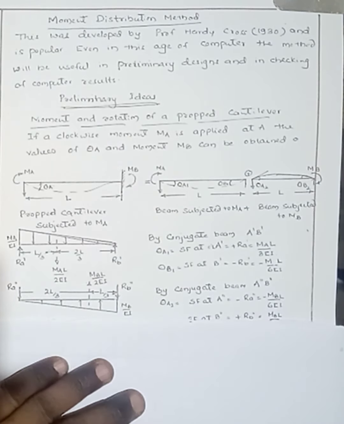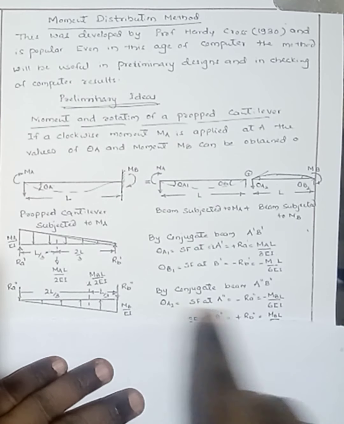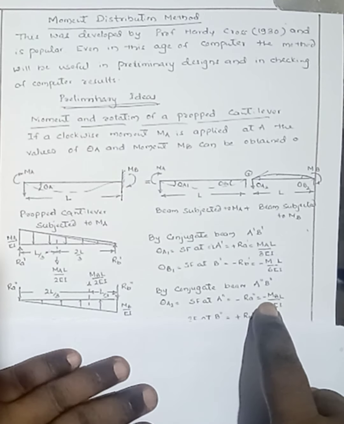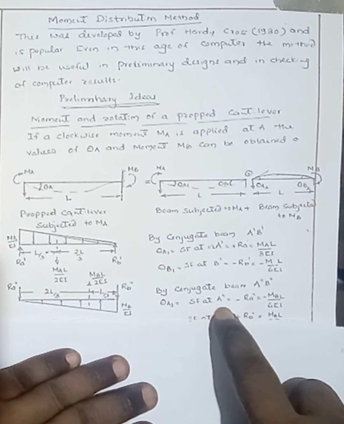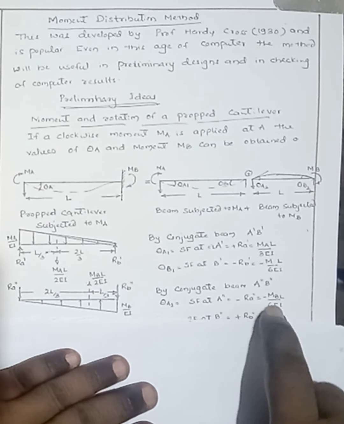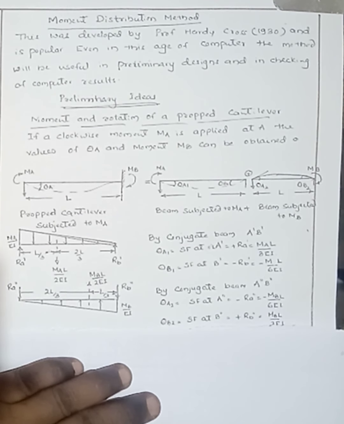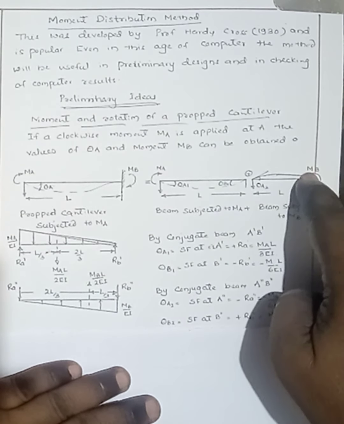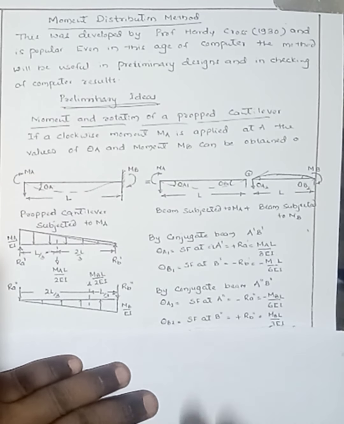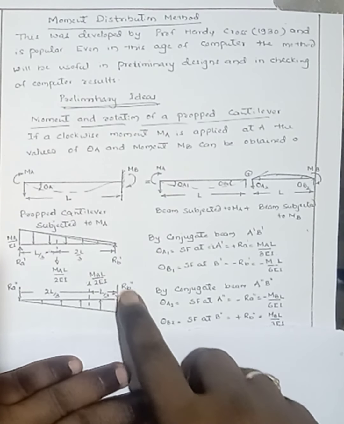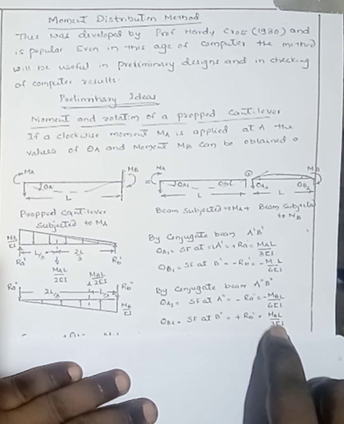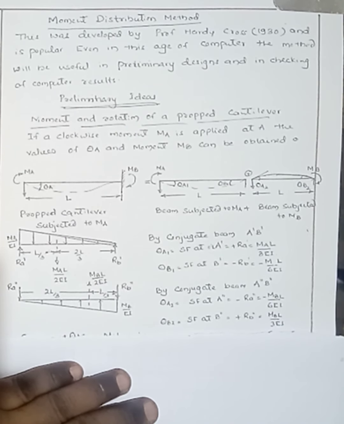Here this reaction is downward, and left upward is positive, hence SF at A double dash equals minus RA double dash, that is minus MBL by 6EI. Here MB is the moment applied at B. Similarly, theta B2 equals SF at B double dash, that is plus RB double dash, since left upward and right downward are positive. This one is downward, hence RB double dash equals MBL by 3EI.